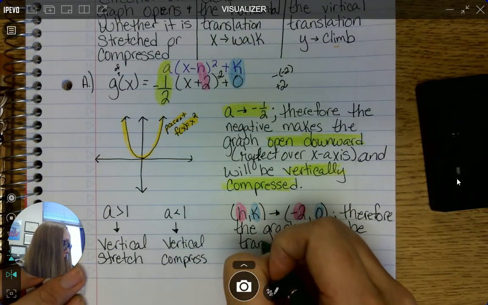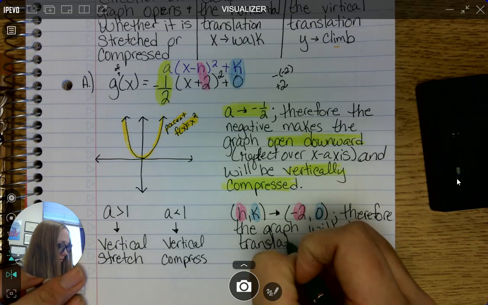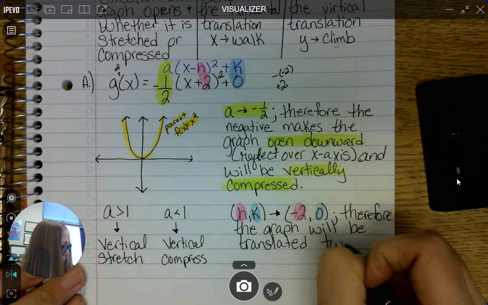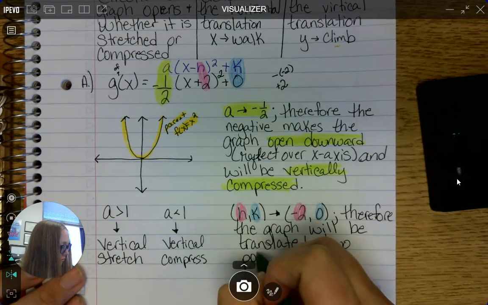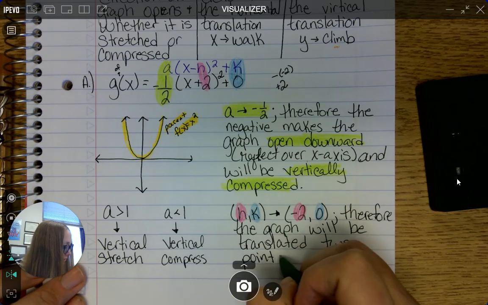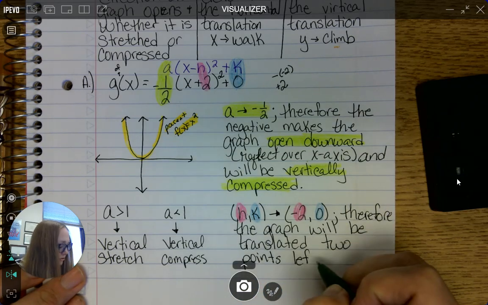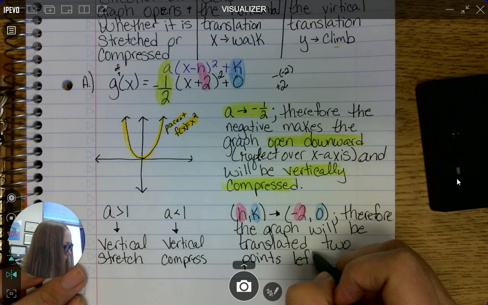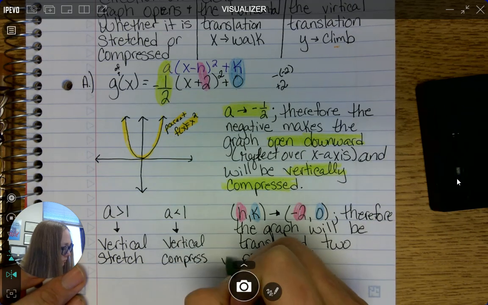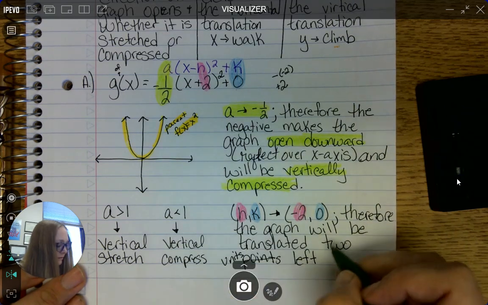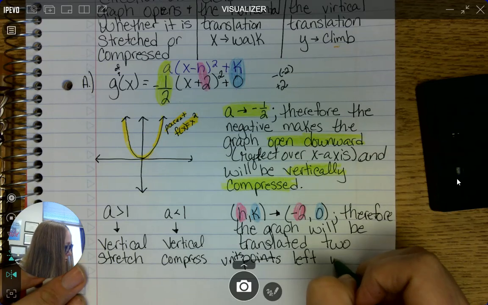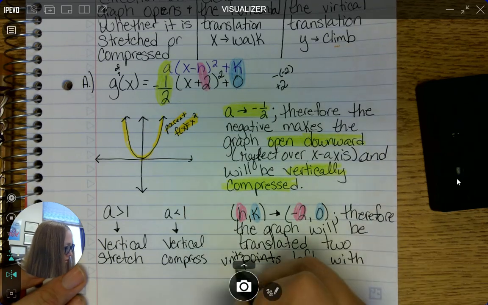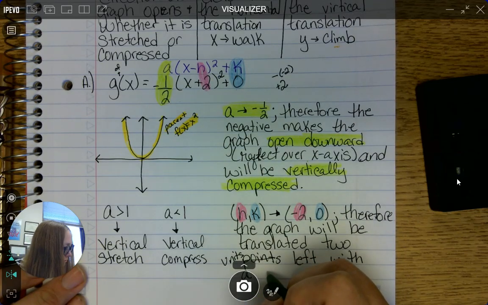Now remember, translate means slide. 2 units, because it was negative, that means we're going to go left, with a 0 climb.